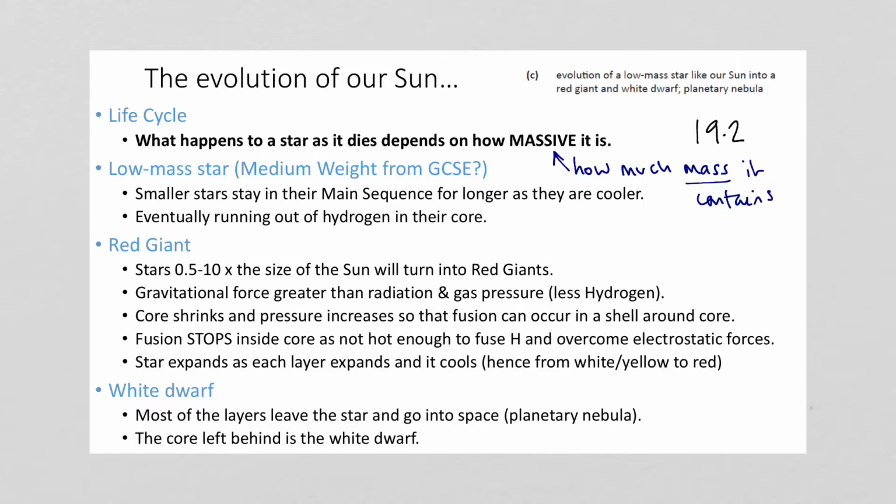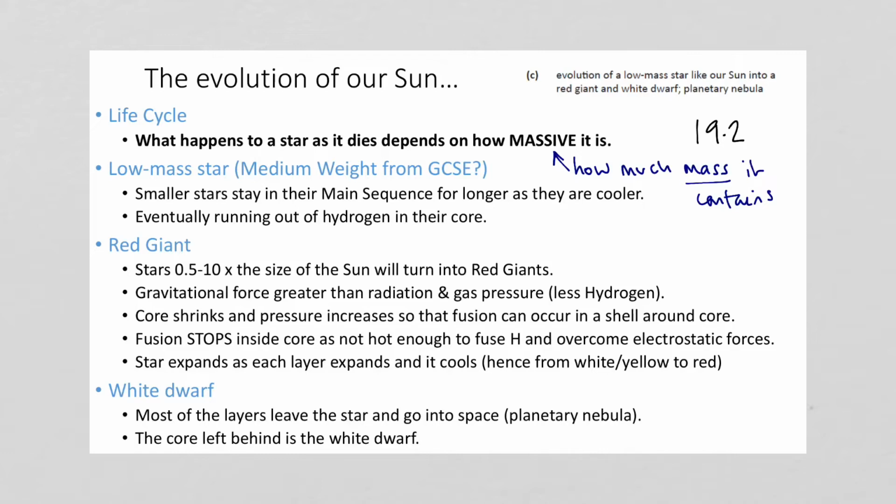Fusion does stop inside the core as it's not hot enough to fuse hydrogen anymore and overcome those electrostatic forces, and then the star will expand as each layer cools. So our Sun at the minute is white-yellow in colour, orangey, and it turns red, and that indicates it's getting slightly cooler. So white means hot, and then red means slightly cooler.